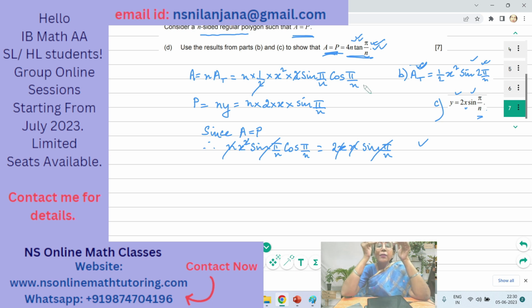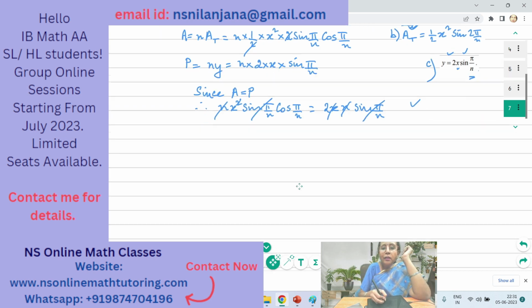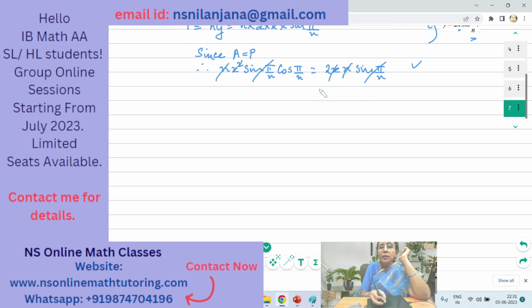So we have to somehow eliminate x from this expression. Can we eliminate x? No, we cannot eliminate x directly, but we know we have to eliminate x. So why not get the expression of x so that we can substitute it in place of x in some other equation? Okay, so rewriting this, x times cos pi by n is equal to 2.